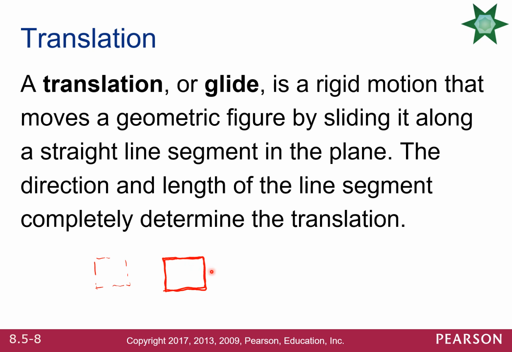So you could reposition it horizontally. You could either push it and move it to the left, or you could push it from the left and move it to the right, or you could move it up and down, vertical translation. So translations can be vertical translations. It could be horizontal translations. Vertical would be moving it up or down. Horizontal would be moving it to the left or to the right, or it could involve both.